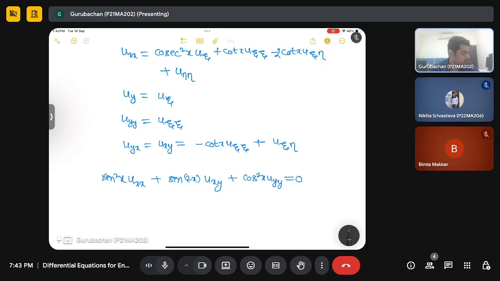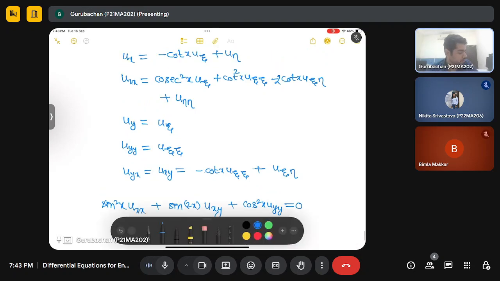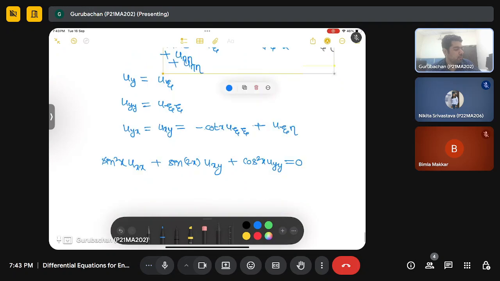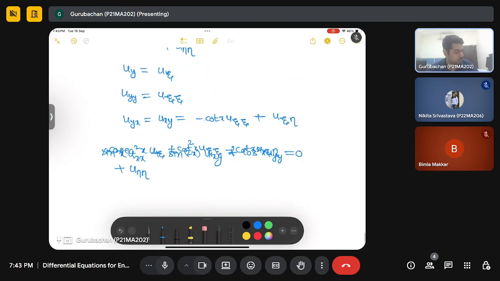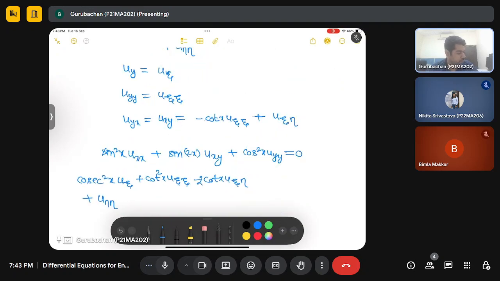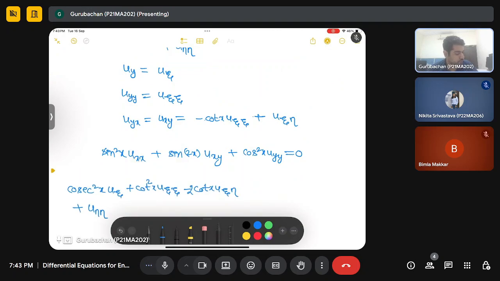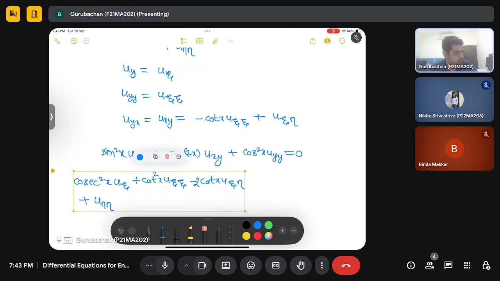So let us put these values, and we try to put in such a way so calculation becomes a little easy. So this is your factor. So this will come here.